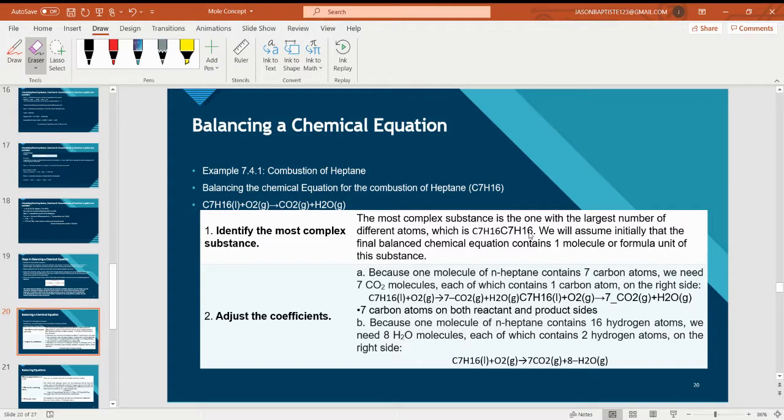So the next thing, second thing, adjust the coefficients. A, because one molecule of heptane contains 7 carbon atoms, we need 7 CO2 molecules, each of which contains 1 carbon atom on the right side.